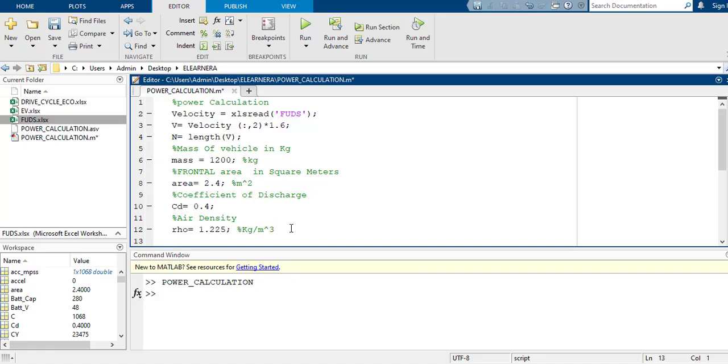Then we have a ratio, that is gear ratio.